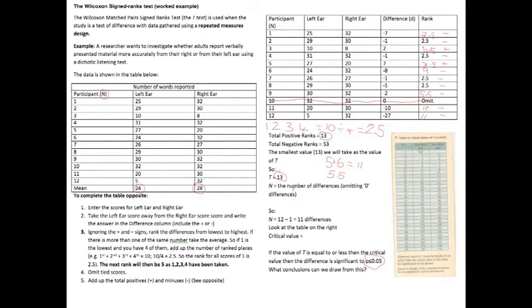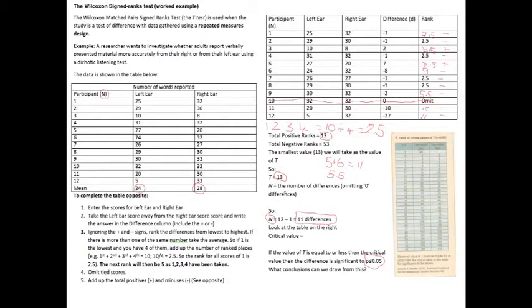Now we need to look at how many participants we've got. Remember, N always represents the participants. We started off with 12, but we now have 11 because we've taken that score out, which means that we are left with 11 differences, or 11 participants. Now what does that tell us?